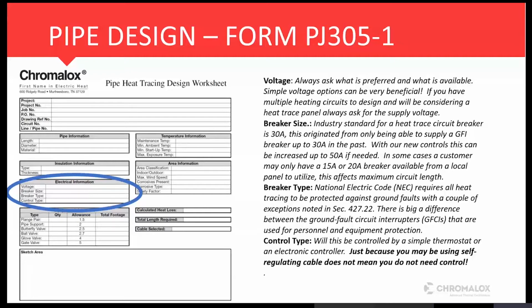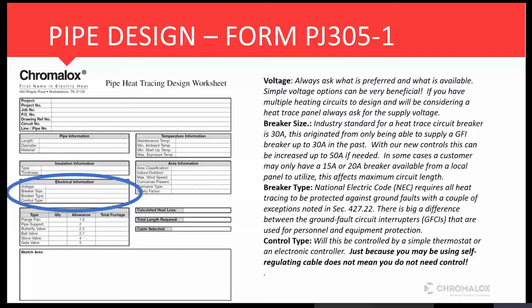Breaker size, the industry standard for a heat trace circuit breaker is 30 amps. And this actually originated from the fact that GFI breakers, or EPD breakers, were in the past only available up to 30 amps. Well, with technology and time, our new controls can switch up to 50 amps if needed.